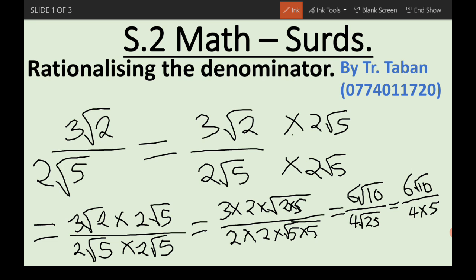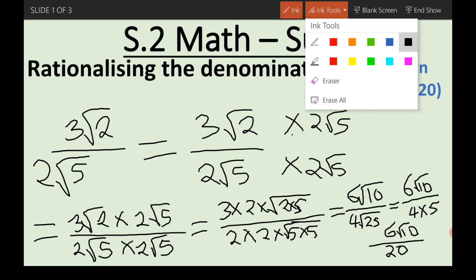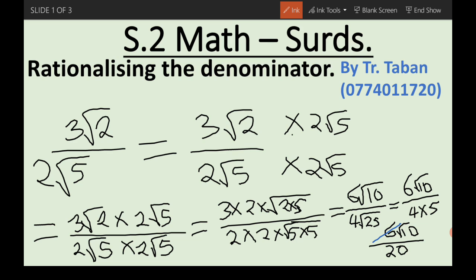Let me write down here, 6 root of 10 divided by 4 times 5, that is 20. When you reach there, you can simplify. 6 divided by 2, you get 3. 20 divided by 2, you get 10.